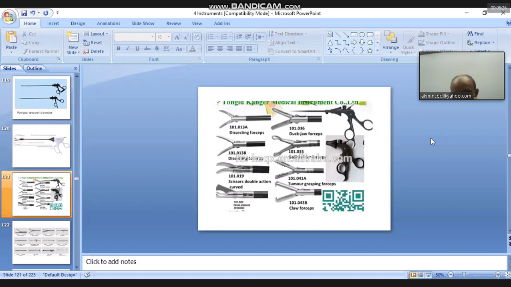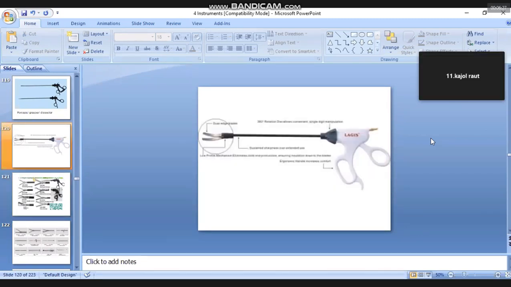Therefore, the instrument actually just is blades, not in the shaft, not in the handle. You should remember and identify just the blade. Don't try to remember this shaft.